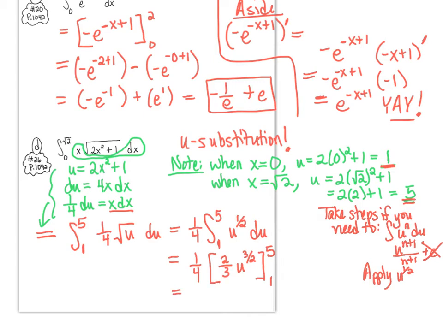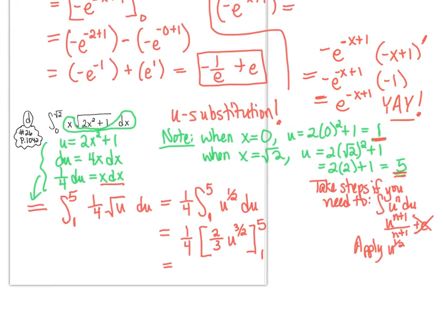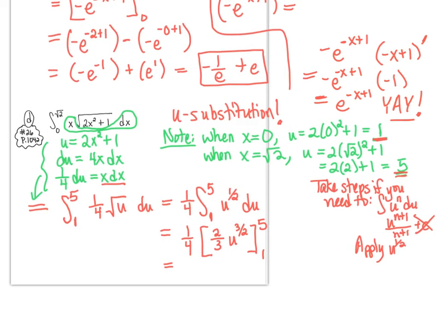Okay? So 2/3 can come out, right? So you have 1/4 times 2/3 gives you 1/6, and then you would have u to the 3/2 evaluated from 1 to 5.